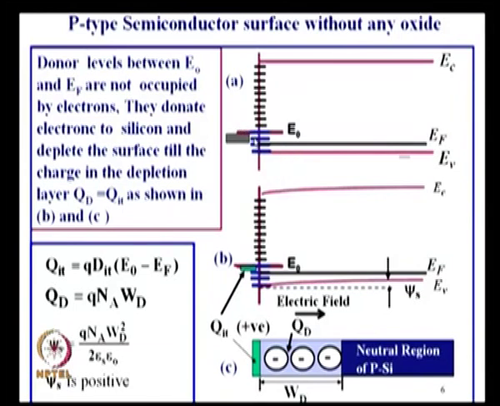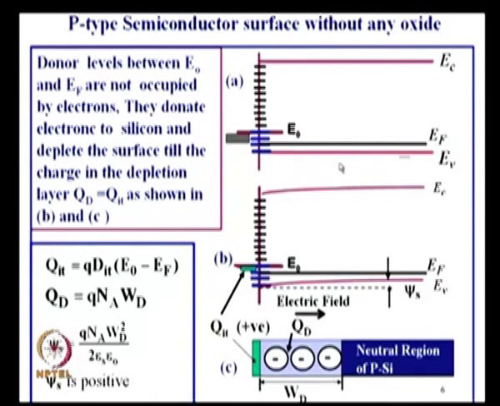So, these donor levels would have donated electrons to this p type material. So, the p type region will be depleted. Donor electrons have gone and neutralized the p type plus charges. So, there will be a depleted layer. In the previous case, n type was depleted, now p type is depleted. Okay. So, you have a depletion layer. Once it is depleted, because it has donated electrons, surface is positive and this is negative, electric field is in this direction.